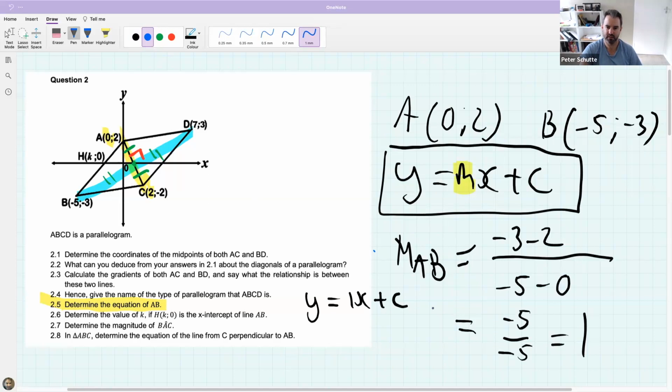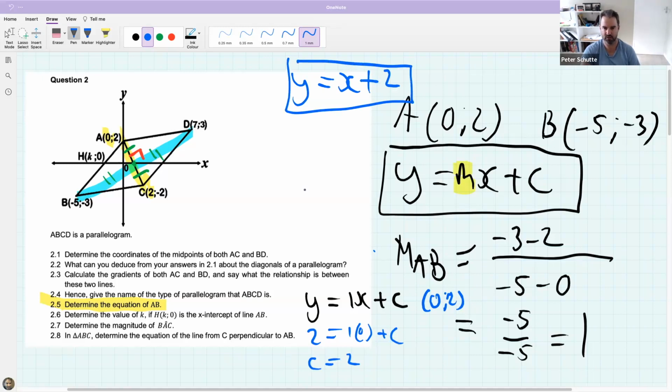And then I can sub the point (0, 2) in to get what c is. So it's going to be y equals x plus 2, or y equals 1x plus 2, for 2.5.